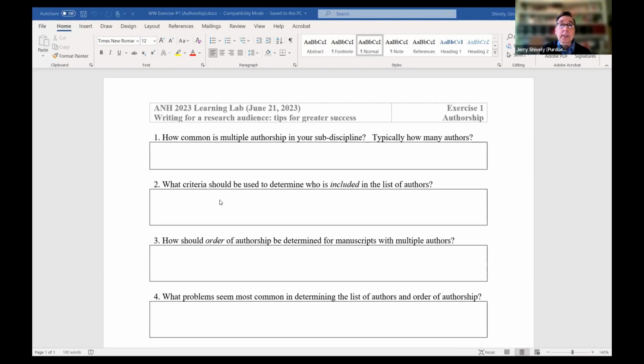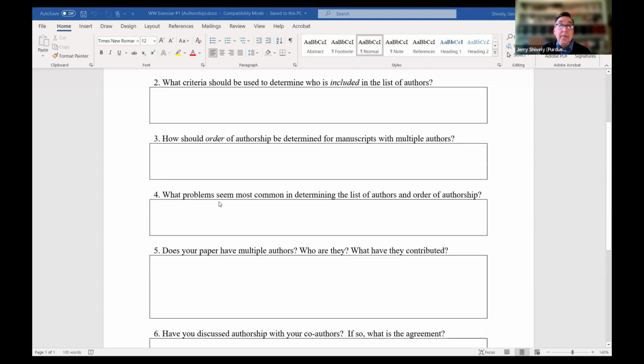So first, how common is it to have multiple authorship in your subdiscipline? What kinds of criteria are used in your subdiscipline to determine who's included in the list of co-authors? How is the order of authorship determined?